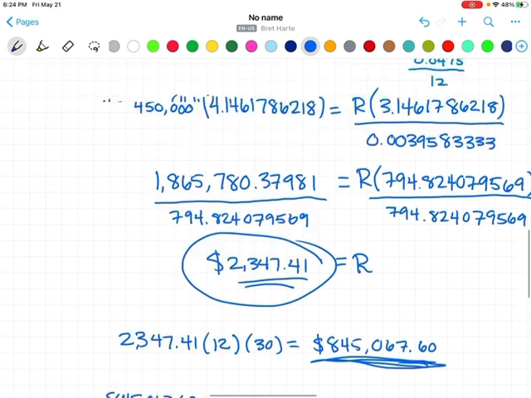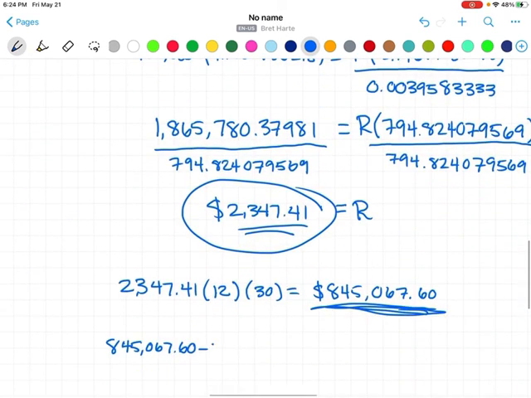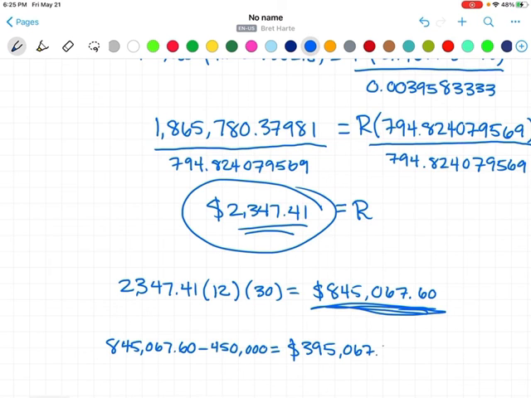Minus $450,000 equals $395,067.60. So this is the amount of interest he paid for the entire loan.